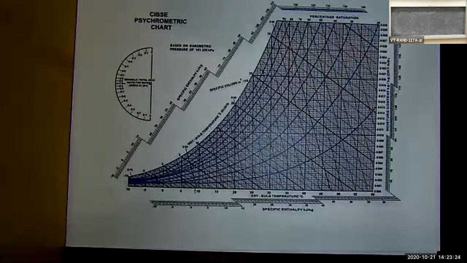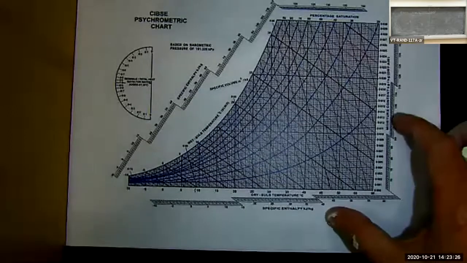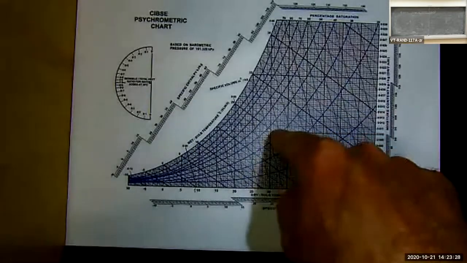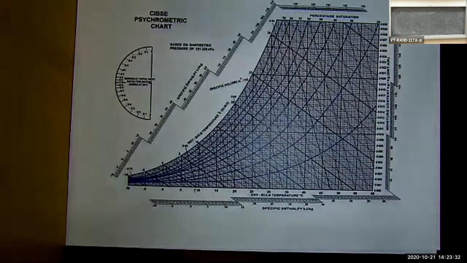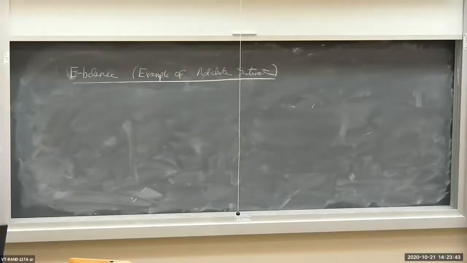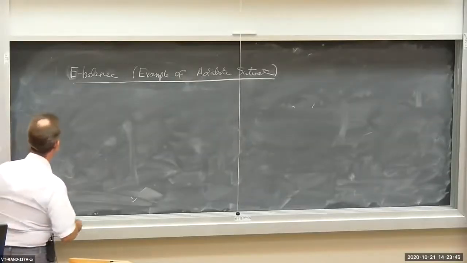So you give me two properties, I can locate myself on the chart, and then I can determine any other property. So in general, we need two properties to determine the state and therefore other properties of a mixture.